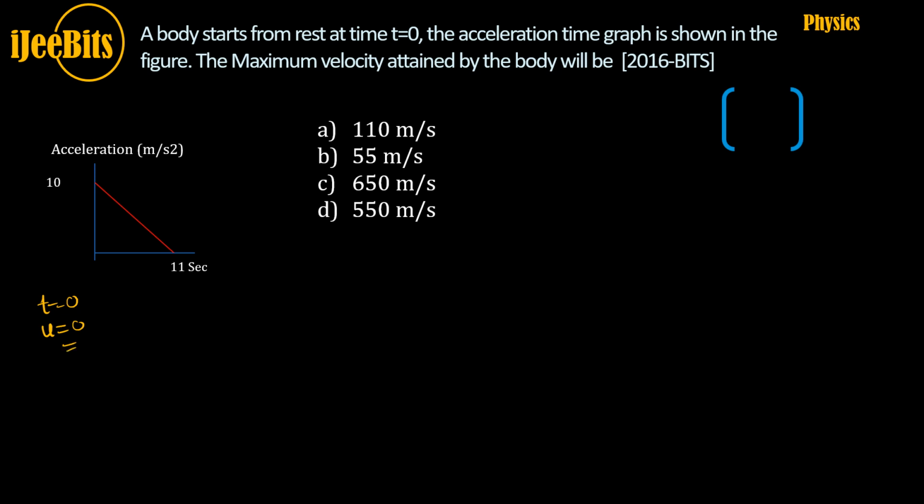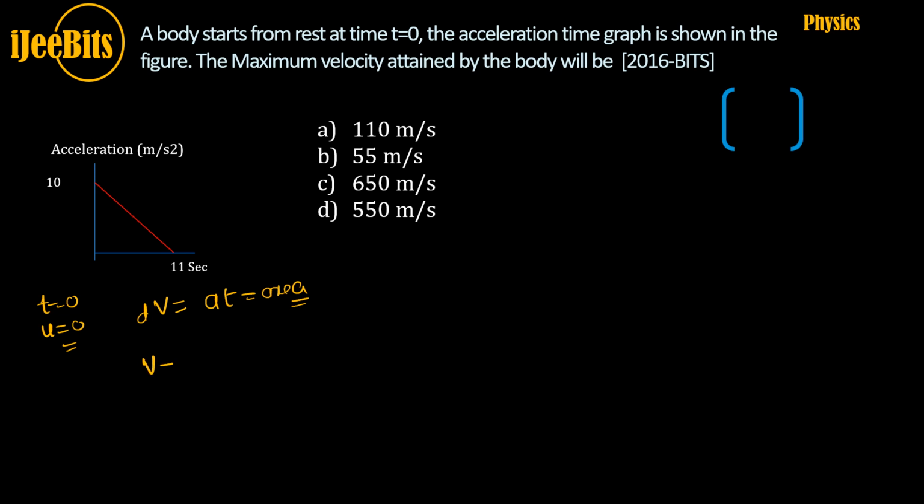How do you get a velocity in this graph? Acceleration a and time t, a t is nothing but your v, right? So the area under the curve is what is needed. So the change in velocity, dv, is what you get.